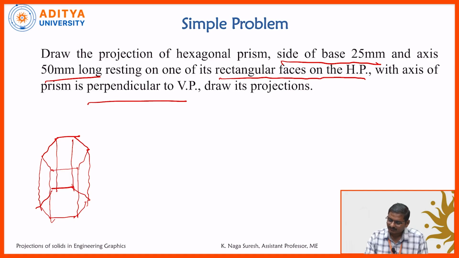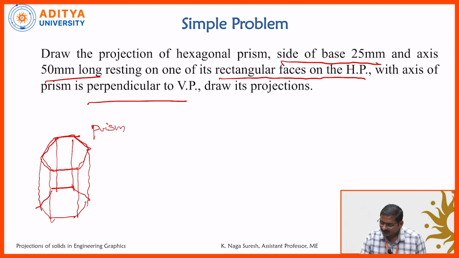These are nothing but prisms. Based on the shape of the top and bottom planes, we call them different types of prism. If it is a pentagonal prism, the top and bottom are pentagonal planes. If it is a hexagonal prism, the top and bottom are hexagonal planes. If it is a triangular prism, the top and bottom faces are triangular planes. Like that we name them.